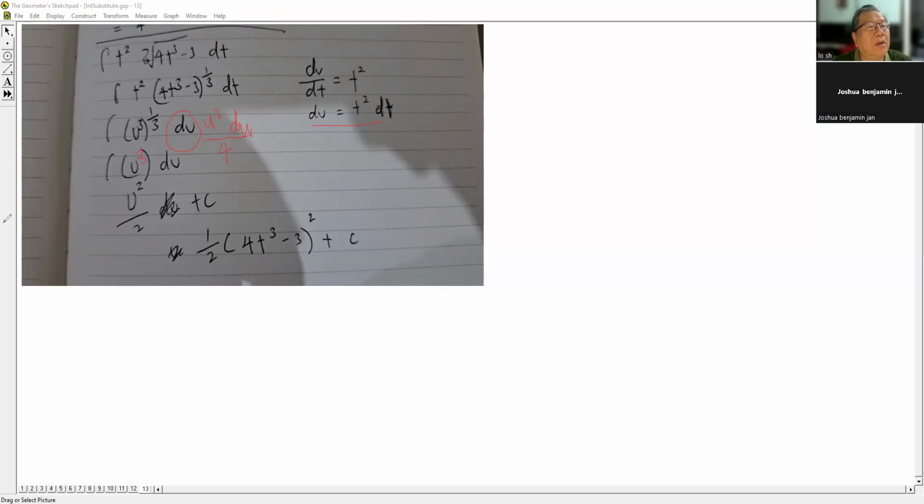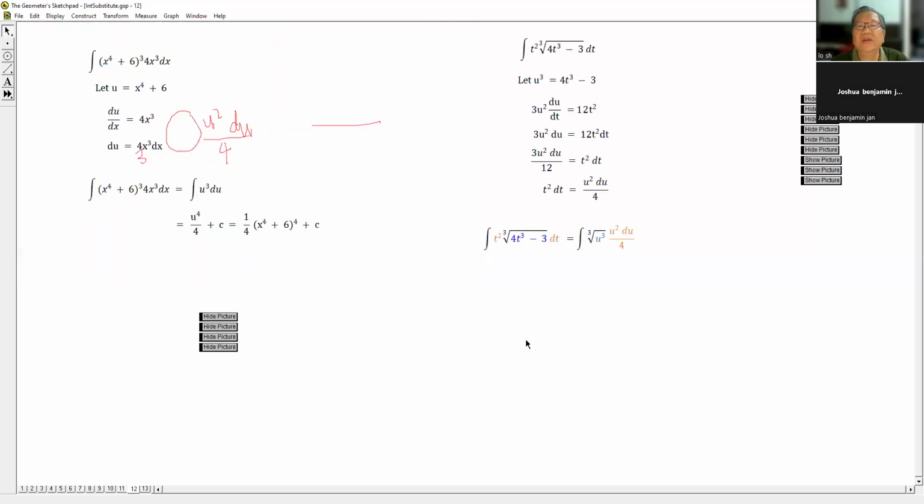Okay, so we go back to the next one. After substitution, it becomes like this. t squared dt is u squared du over 4. This part you did correctly. So how to simplify this? The u, the u squared I put u squared here.